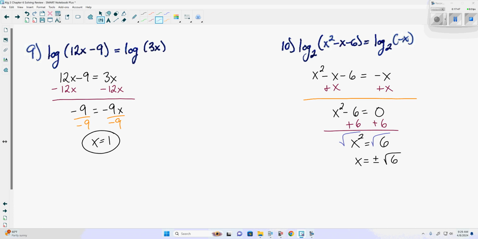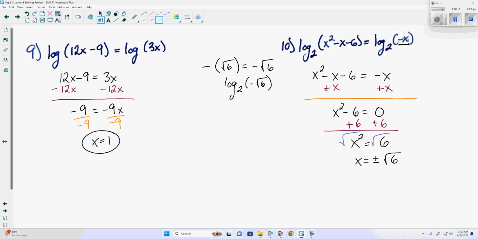Now we do have to be careful with some of these, especially with our logarithm, because our negative x is by itself, yes? So if I look at it, negative x, well, we have two answers. We have positive square root of 6, yes? Well, negative positive square root of 6 is negative square root of 6. So it's telling us with positive square root of 6, what we have left is log base 2 of negative square root of 6.